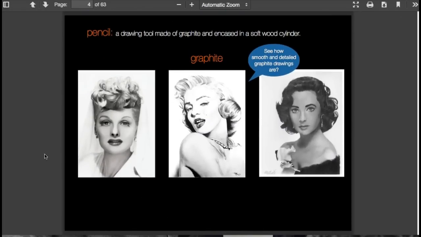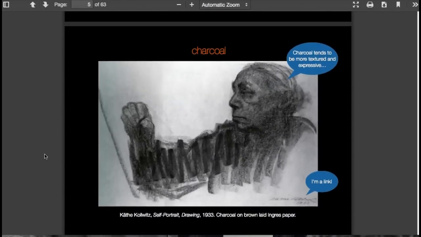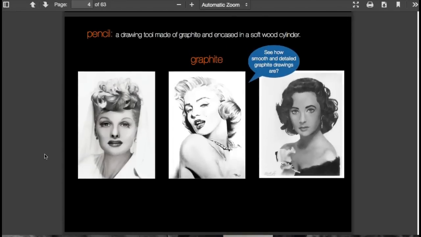So let's jump into drawing now, and we have pencil drawings, right? Again, very basic. I know some of this is very basic. A drawing tool made of graphite encased in a soft wood cylinder. And you can tell graphite drawings look different than, say, charcoal drawings. When you look at these, see how smooth and detailed those graphite drawings are. You can sharpen them.